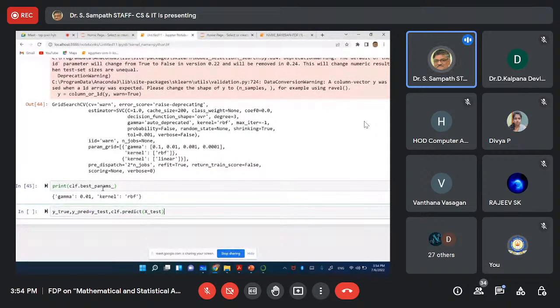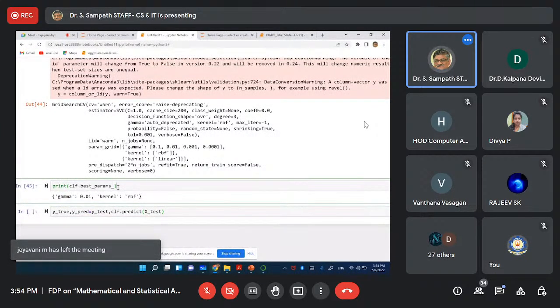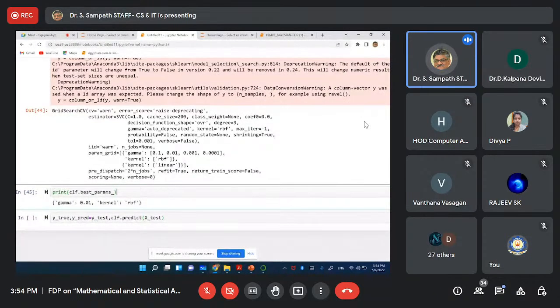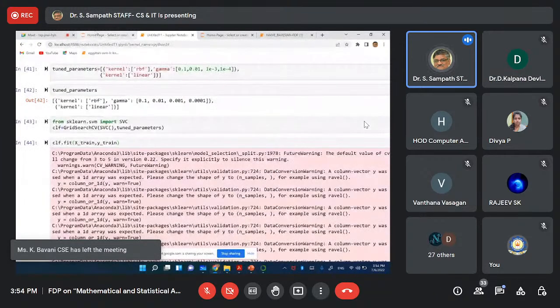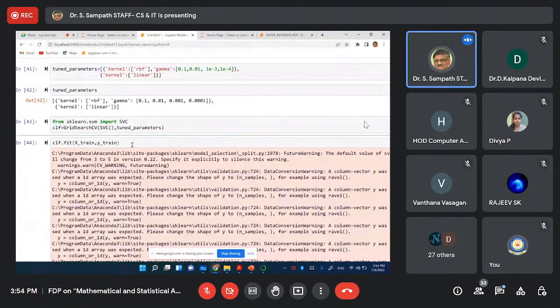See here, when you have completed this particular part, you have identified the best choices. All those things were done only with the help of the training data set. Am I correct? I have used only X_train, y_train. So now the trained classifier I am going to use for assessment with the help of the test data set.